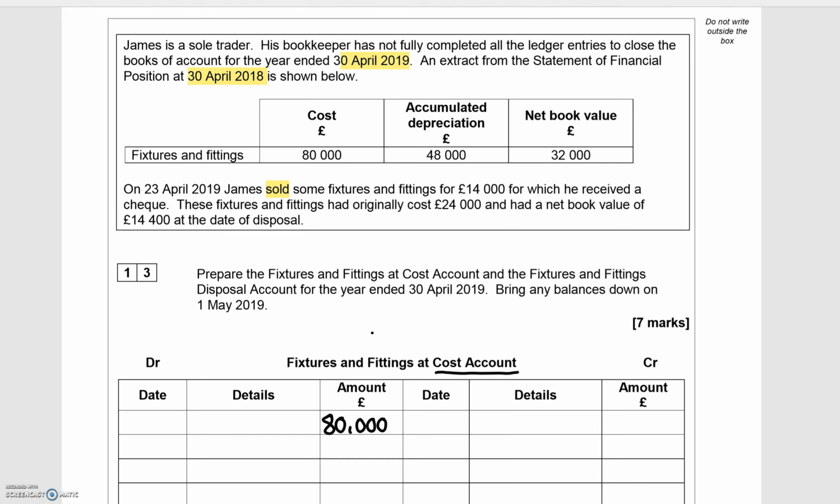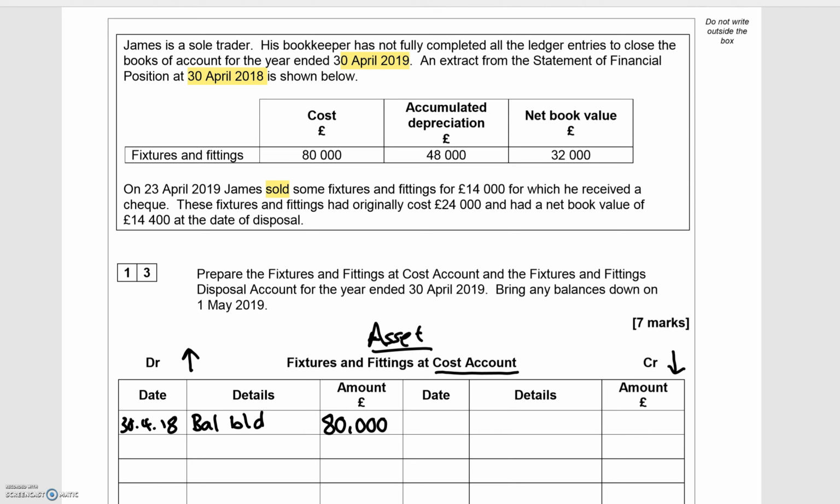Because this particular account is an asset account, and this side would increase your asset. So the only thing that you'd have here is things at cost, not the net book value, not how much it's depreciated by, not how much it's worth or how much you got for it, just the cost of everything that you have and maybe everything that you may have sold. So this would be your balance brought down on the 30th of 4th 2018.